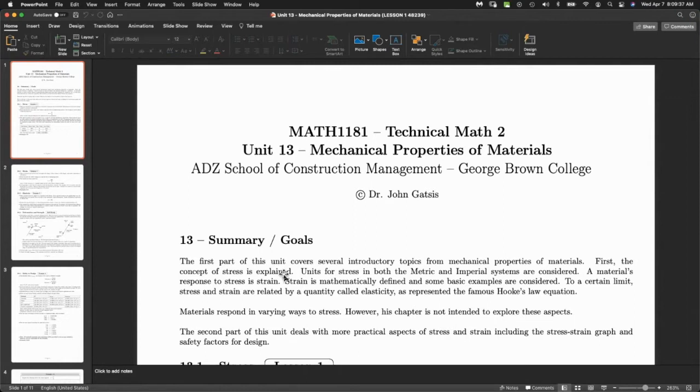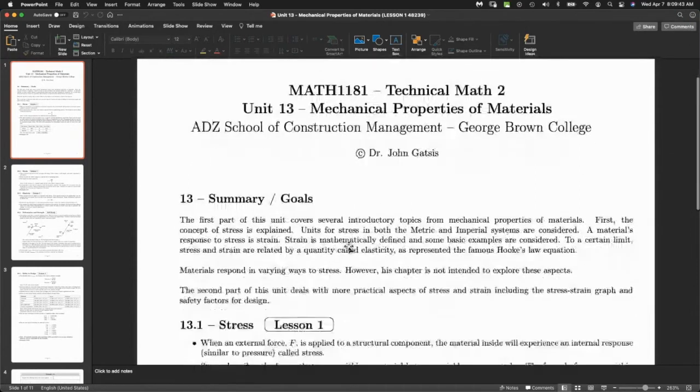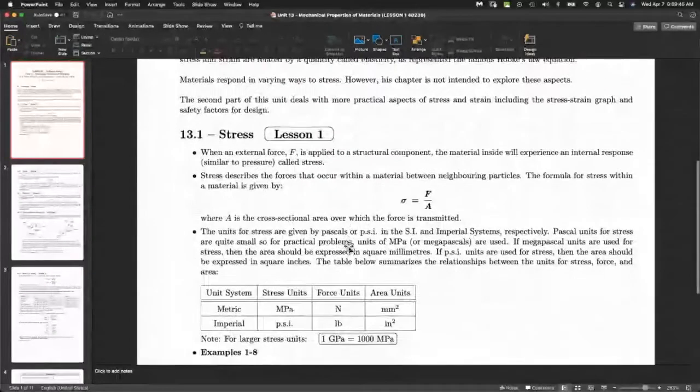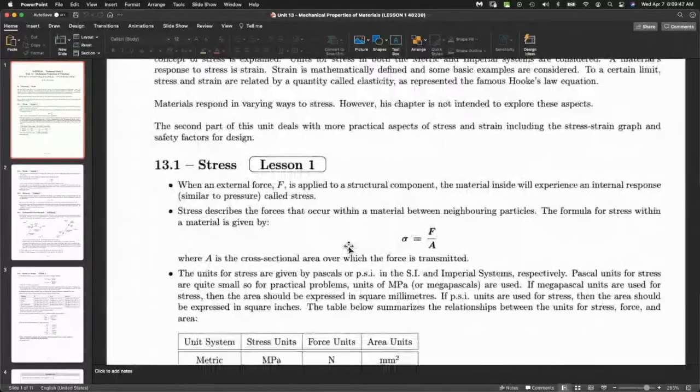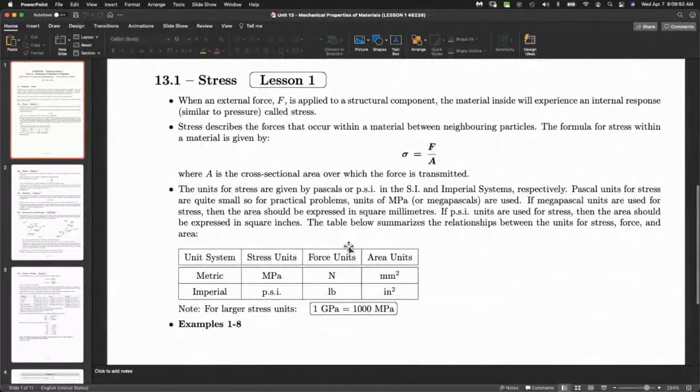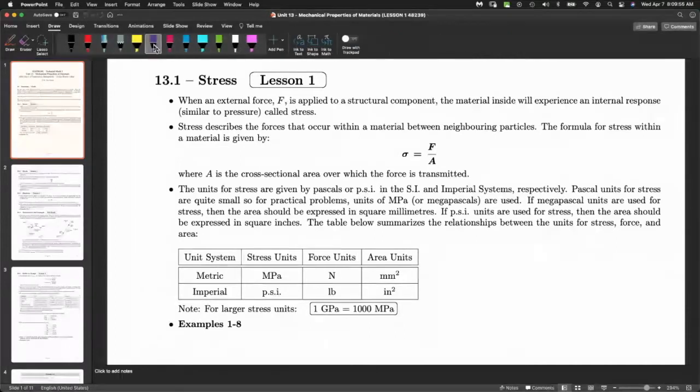So speaking of carrying forces through it, we're going to talk about the first item on the list here, which is stress. So what is stress? The mathematical definition is right here. By the way, the mathematics for this unit is very easy. You're just using basic operations. Think of BEDMAS.